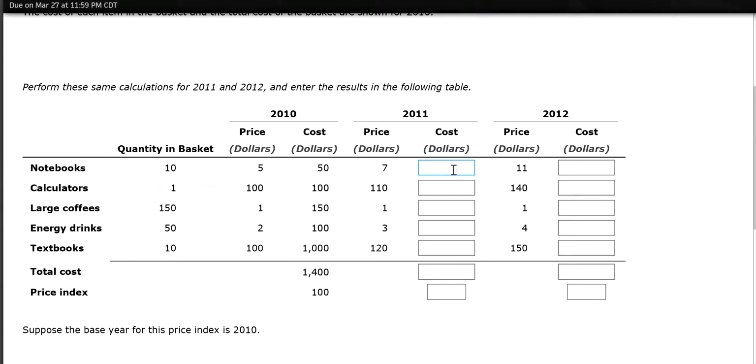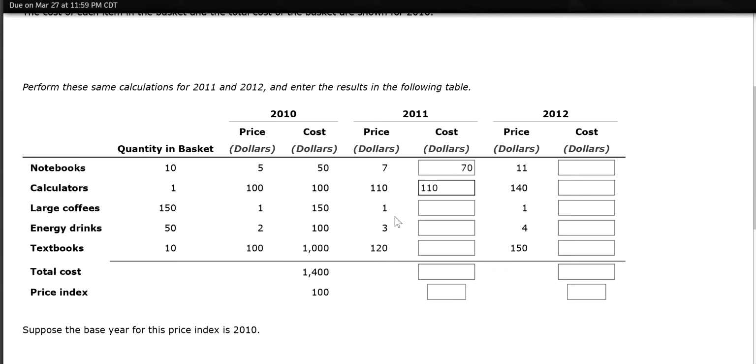This step is actually a pretty easy process. So just take your price for each good. For notebook, it's going to be $7 in 2011, and then times quantity. So 7 times 10, that's going to be 70. And then your calculator is 110, and quantity is 1, so it's 110 times 1, just 110.